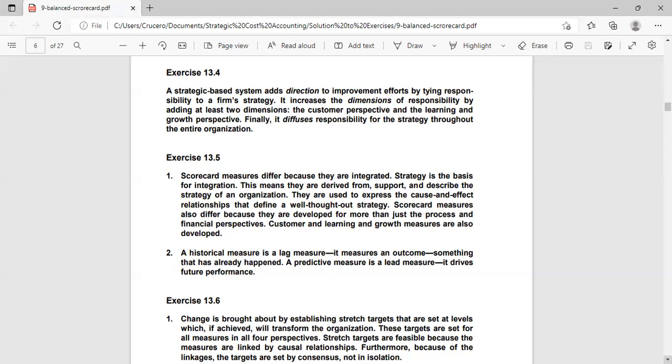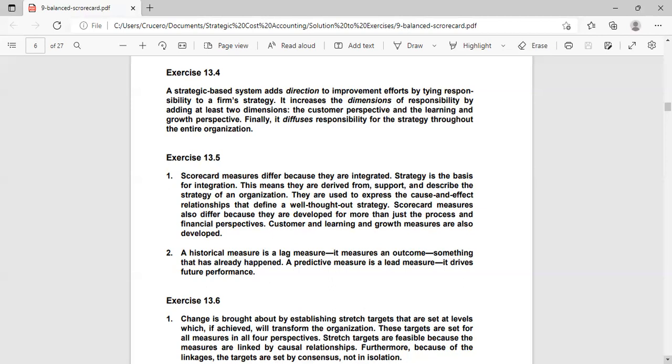organization. So in 9.6, describe how the balanced scorecard is used to drive organizational change and explain how performance evaluation is used to assess the effectiveness and viability of an organization's strategy.